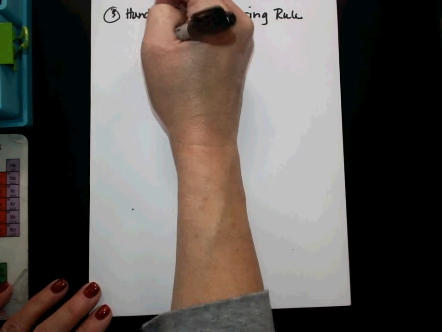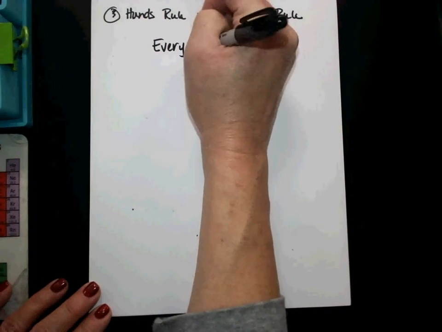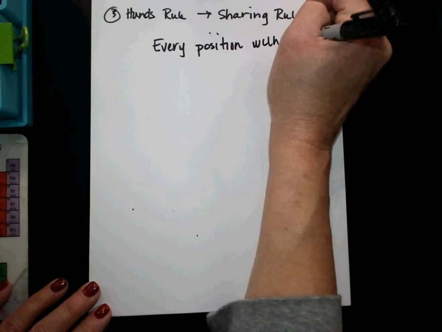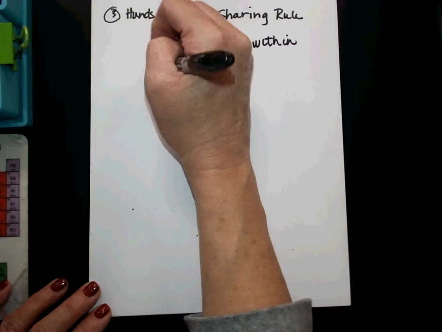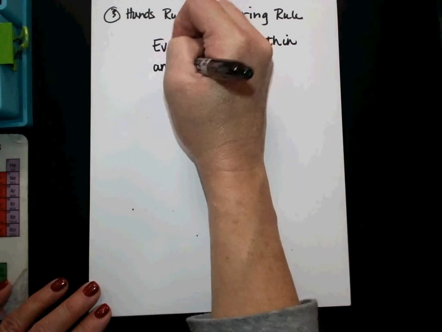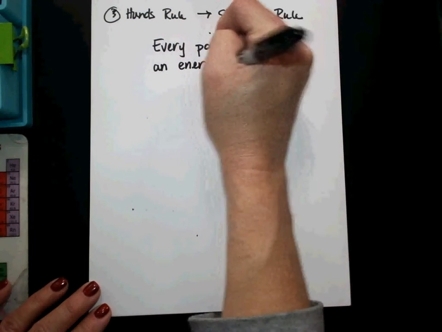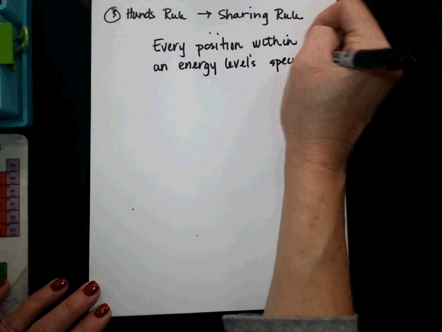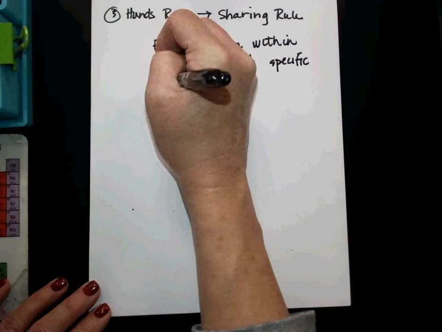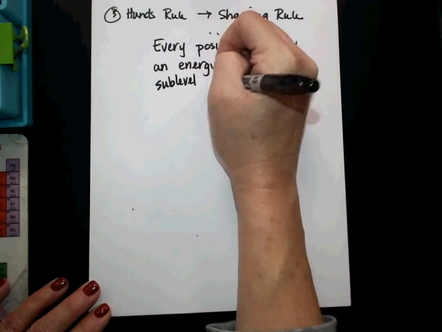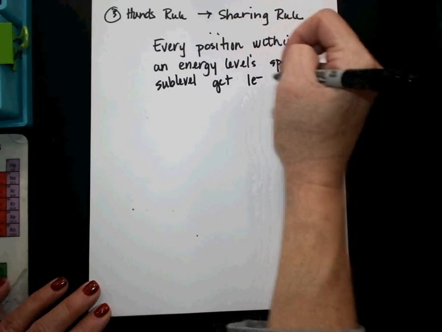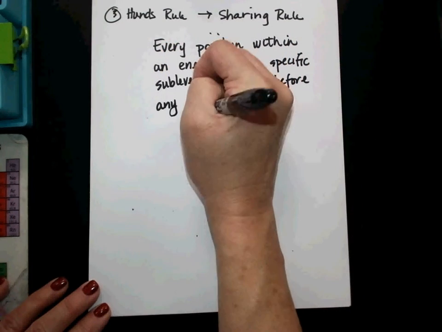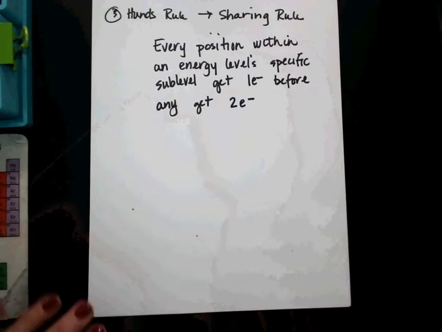So, let's see. Every position within an energy level's specific sublevel gets 1 electron before any get 2 electrons.